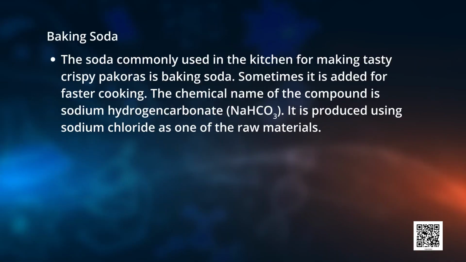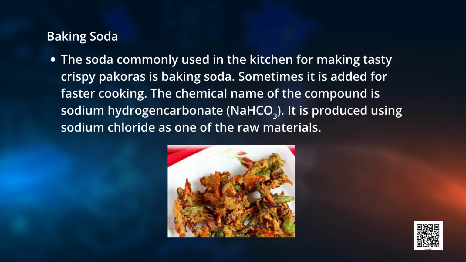The next compound that we will learn, which can be produced from sodium chloride, is baking soda. The soda which is commonly used in the kitchen for making tasty crispy pakoras, it is the baking soda. Sometimes it is also added for faster cooking.